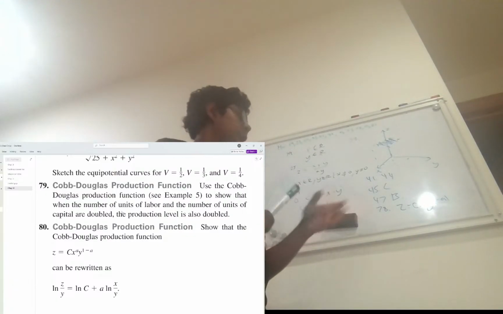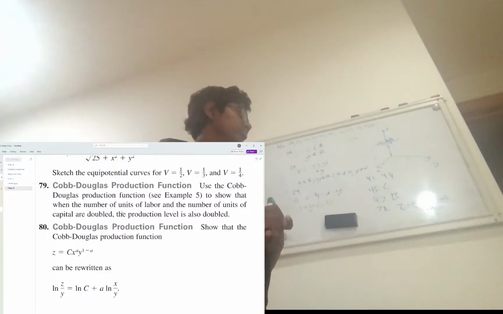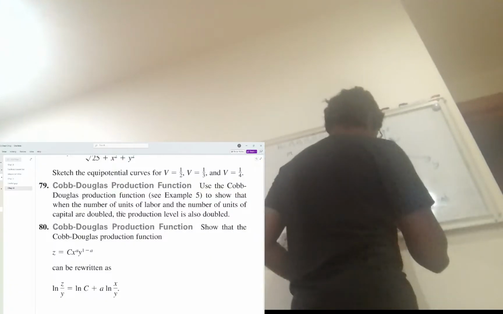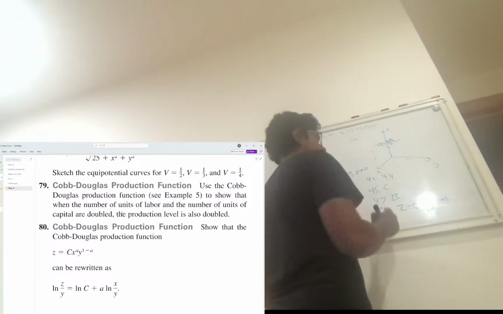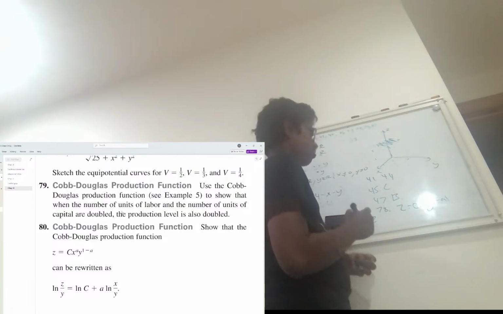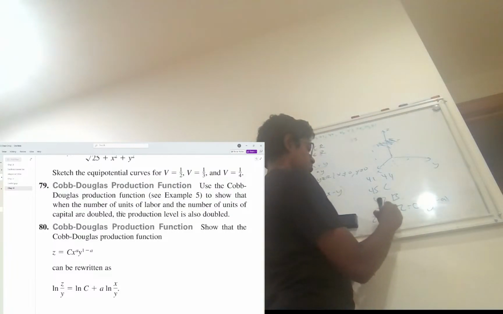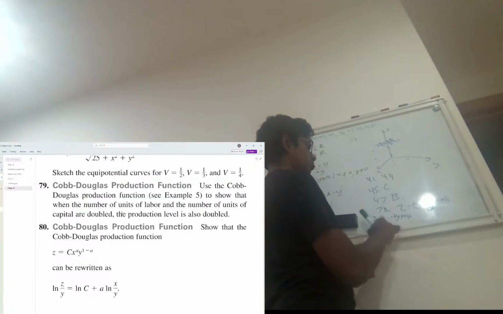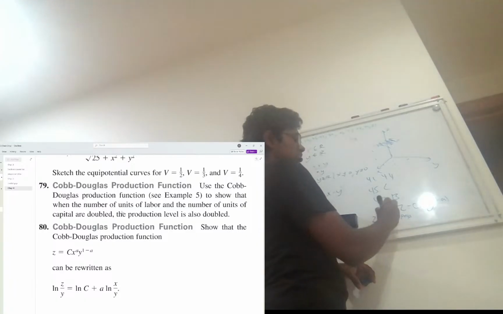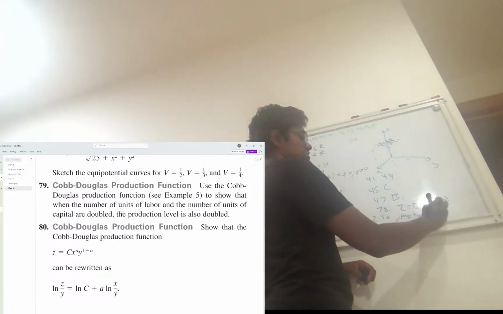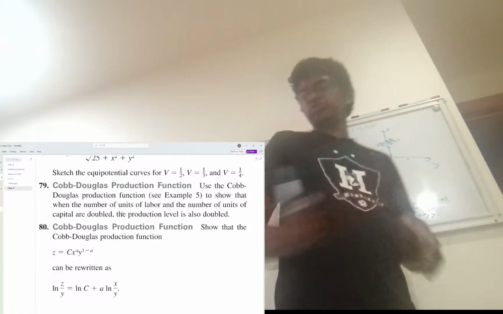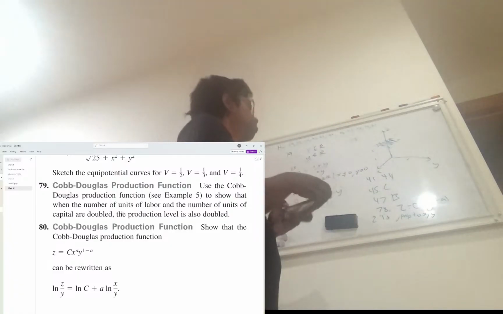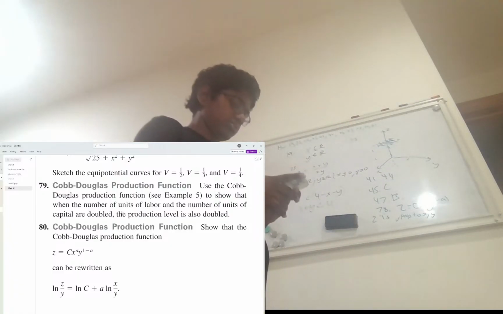Obviously, if you double x and y, it'll double this. So just say P is directly proportional to x and y. I should probably take a quick look at this because I'm gonna erase the rest to do this one.